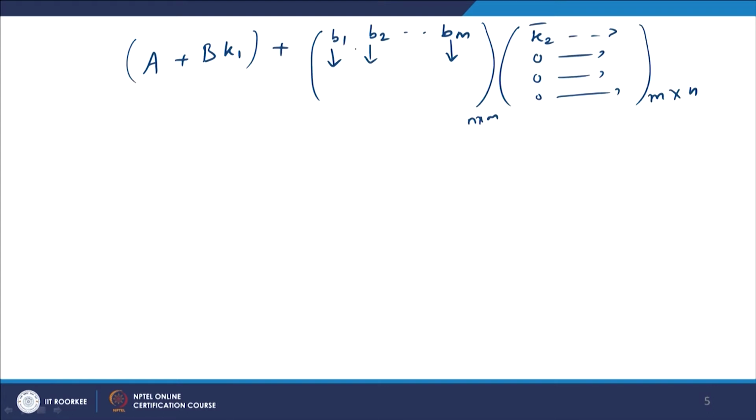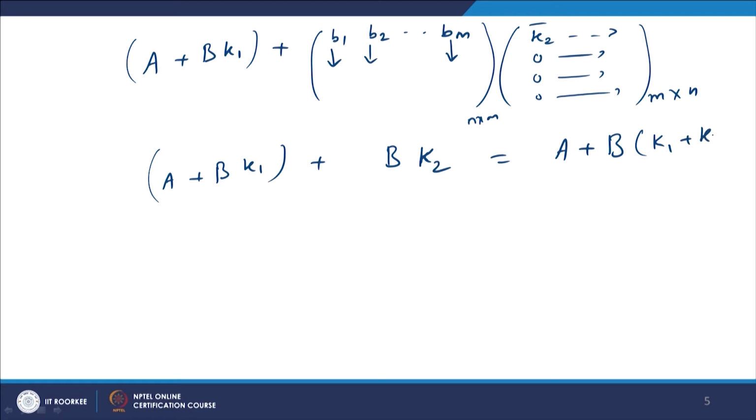So, we can write it as capital B multiplied by some matrix like this. A plus BK1 is as it is, this one can be written as capital B, and this can be written as capital K2. So, this can be written as A plus B multiplied by K1 plus K2.